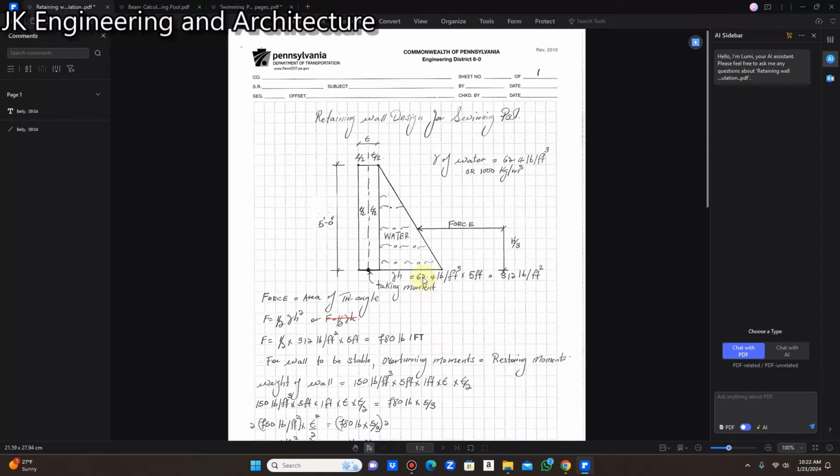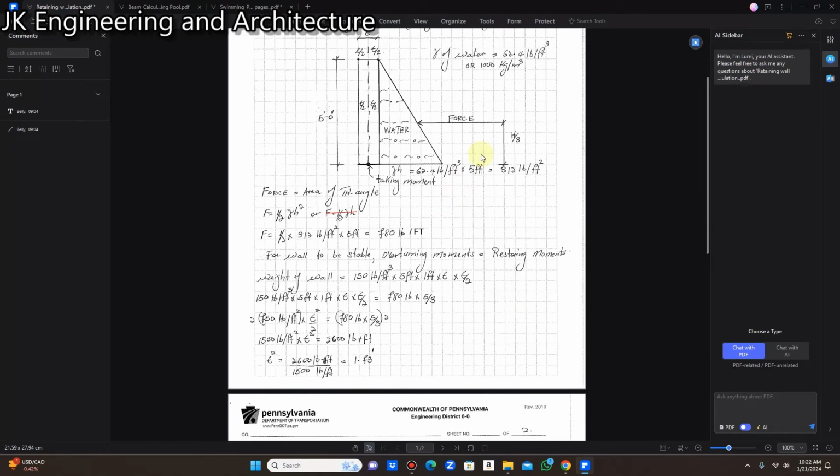If you multiply the unit weight of water by the height of the wall, we get a result of 312 pounds per square foot. So it is 62.4 pounds per cubic foot times 5 feet, and that works out to be 312 pounds per square foot.